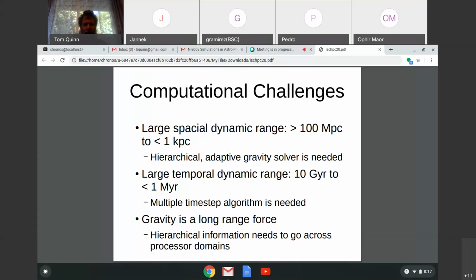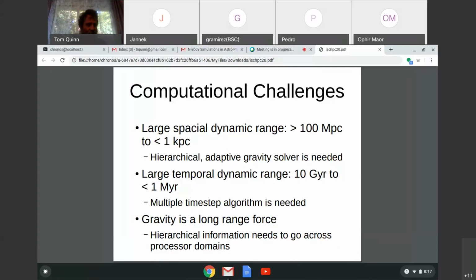And the particular challenge for gravity is that it's a long-range force. So to calculate the force, say, on a particular galaxy, you need to sum all the forces of galaxies in the entire universe. That's a little bit tricky.